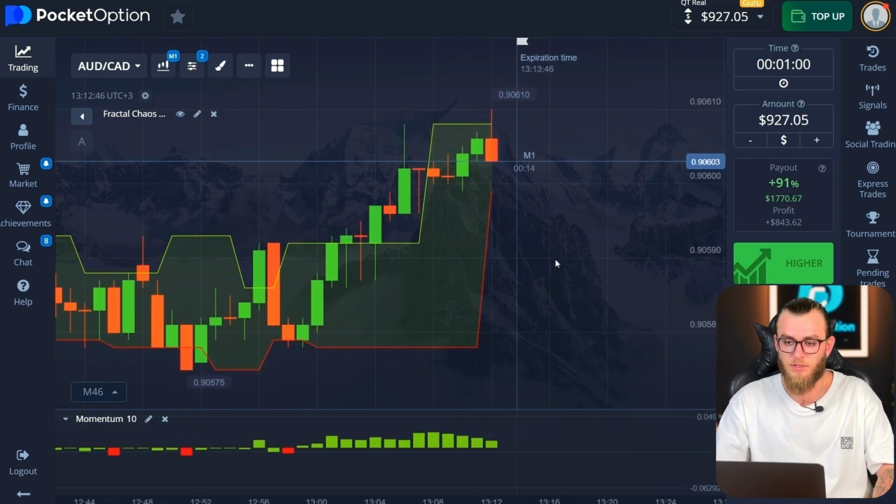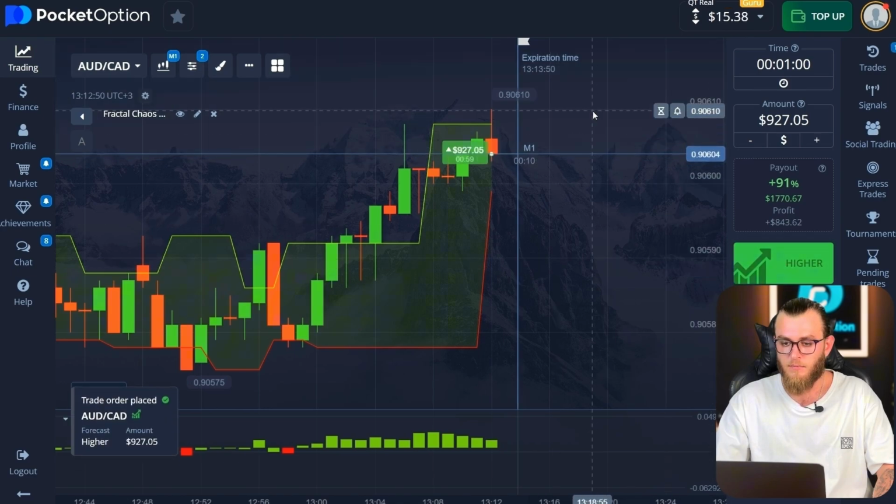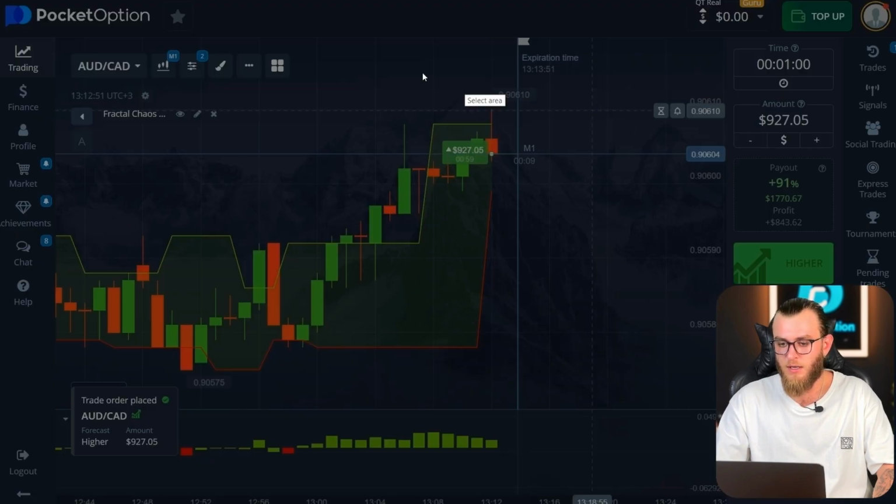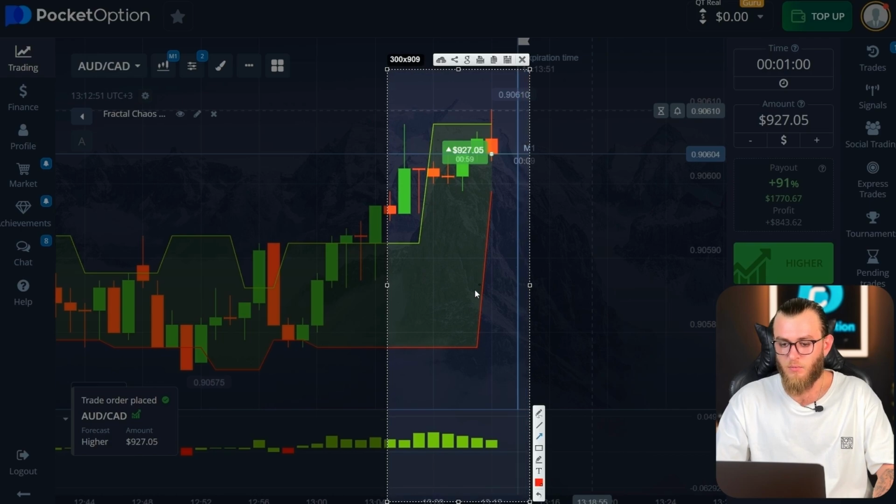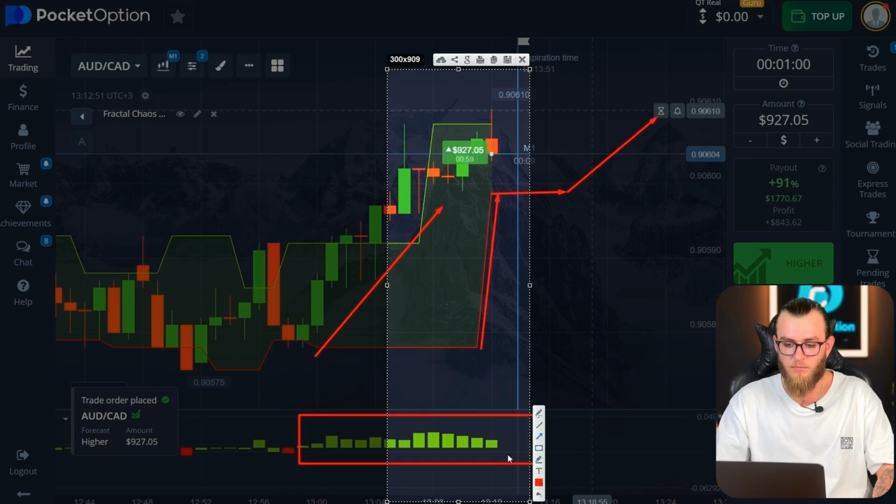Friends, a good long signal, by the way. I've already boosted my deposit quite well. I really like it. So far this strategy shows, look at what we have. There is a level, and this can go even further. And also in terms of momentum, we see green bars on the histogram.